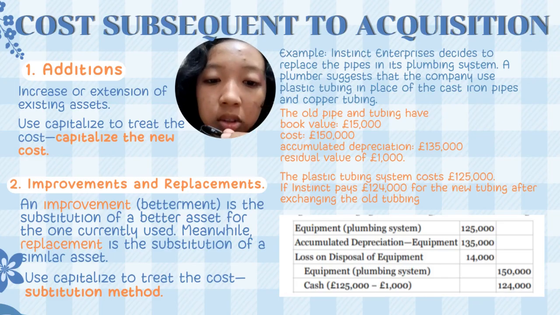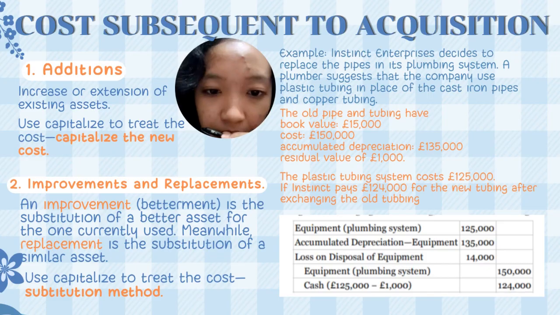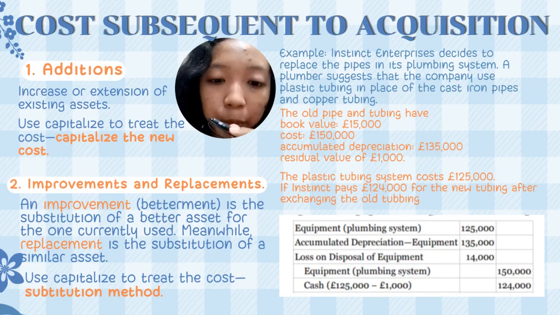And then the residual value is 1,000. And then the plastic tubing, the newest suggested asset, costs 125,000, and Instinct pays 124,000 for the new tubing after exchanging the old tubing.